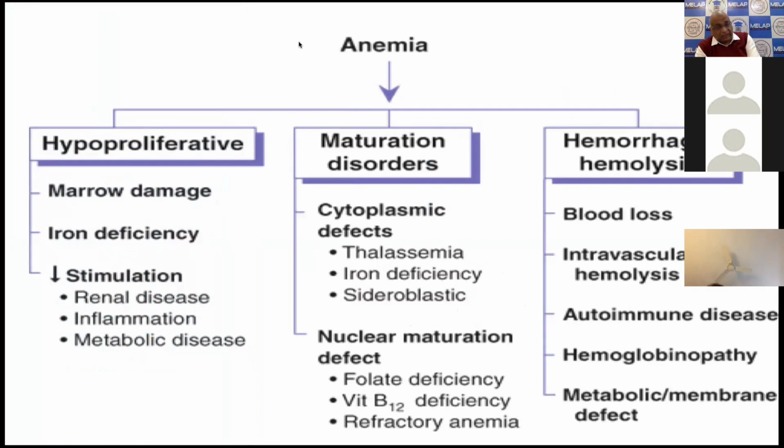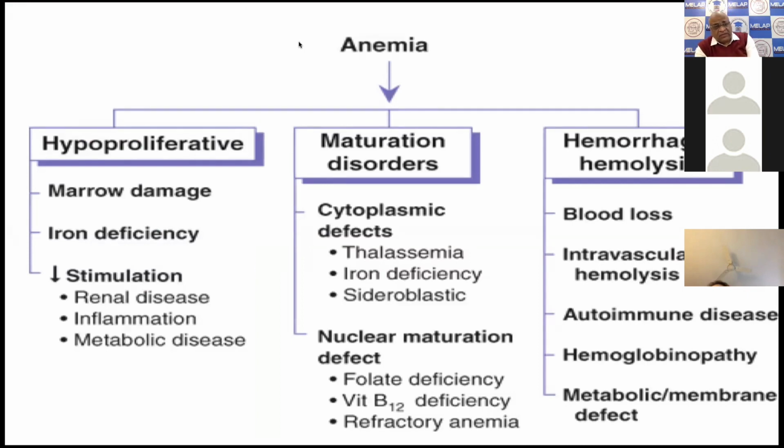When we classify anemia, there are many ways of classifying anemia. They have some purpose. Some classifications tell you what is the basic defect. Some classifications tell how to approach the cause of anemia.